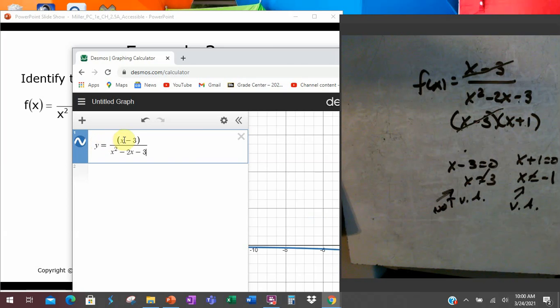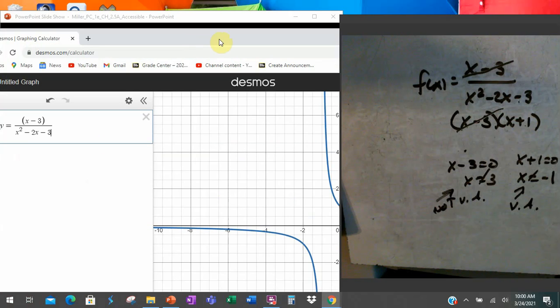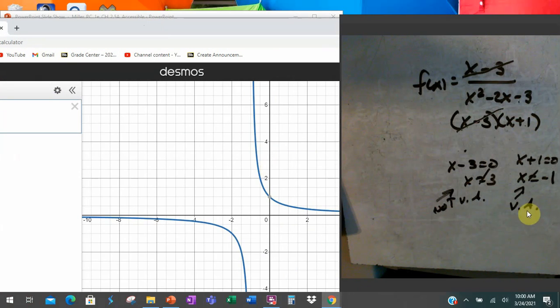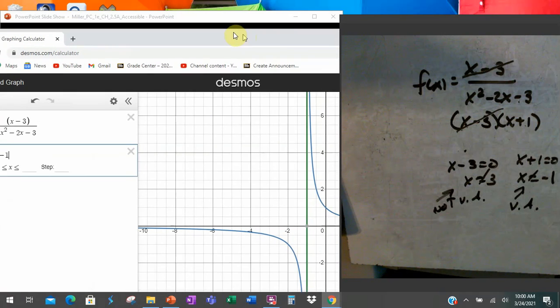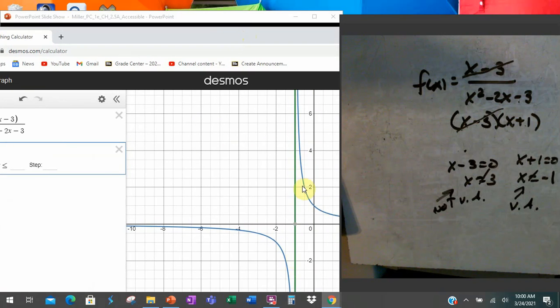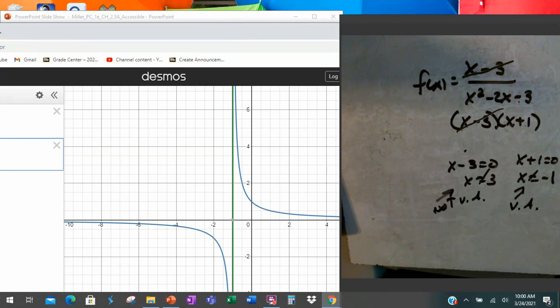And if I graph that, bring this back over, I just see that x is equal to negative 1. So if I plot it, x equal to negative 1, there's that. That's the vertical asymptote. I don't see this over here at 3.